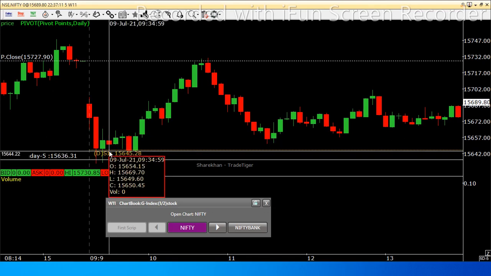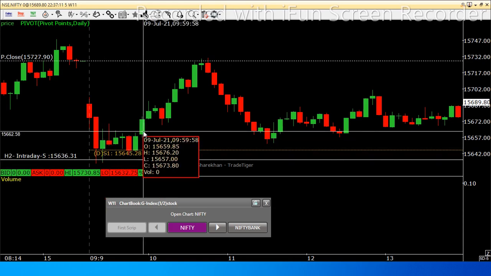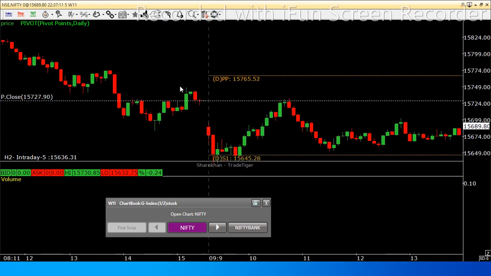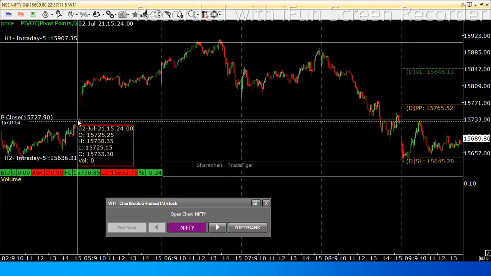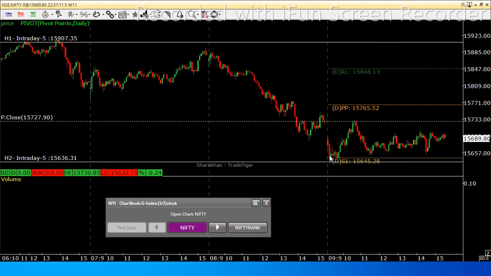This is the low which was not broken even after 20 minutes, and the price action started building here, and finally it went to touch the previous day's closing. If you remember, this is the high of that particular 2nd of July. So this is how it plays the high and low of the previous day.